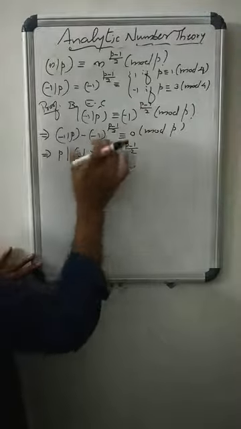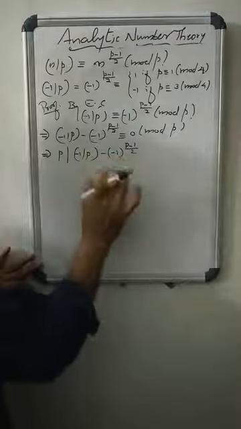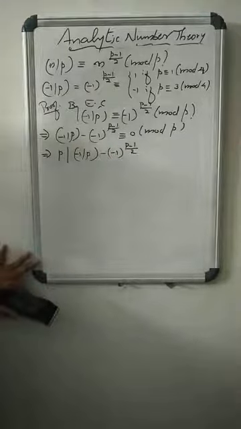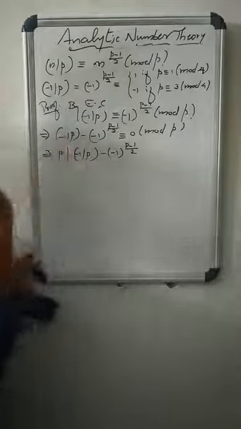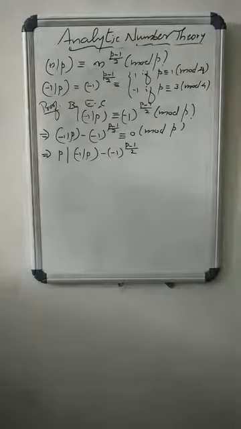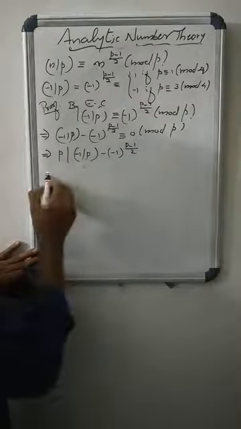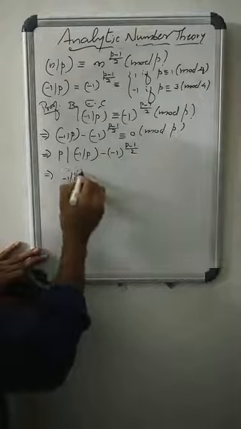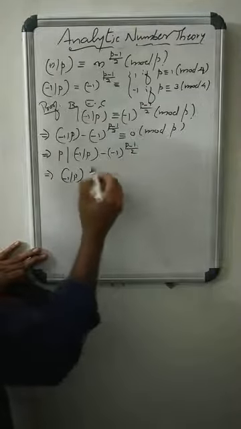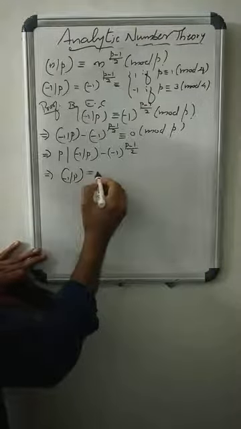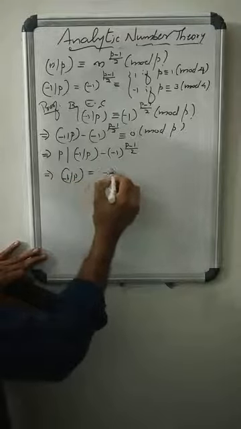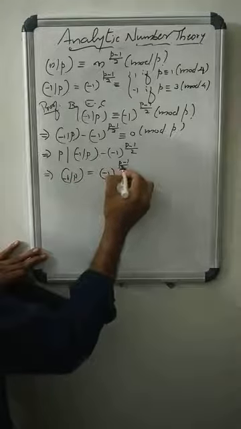Since p is an odd prime, this difference must be 0, because the difference could only be 0, 2 or -2. That means (-1/p) - (-1)^((p-1)/2) is 0, that is, (-1/p) equals (-1)^((p-1)/2).